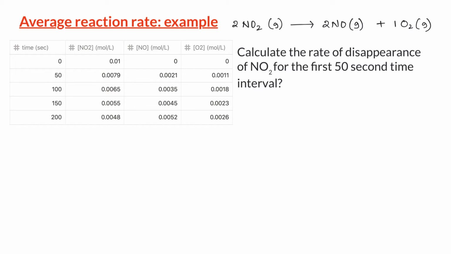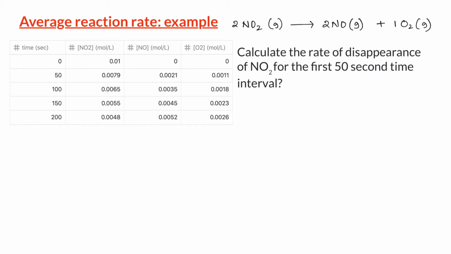Nitrogen dioxide decomposes to form nitric oxide and oxygen gas according to the following equation. We start the reaction and measure the concentration of nitrogen dioxide, nitric oxide, and oxygen at various time points in 50-second intervals.